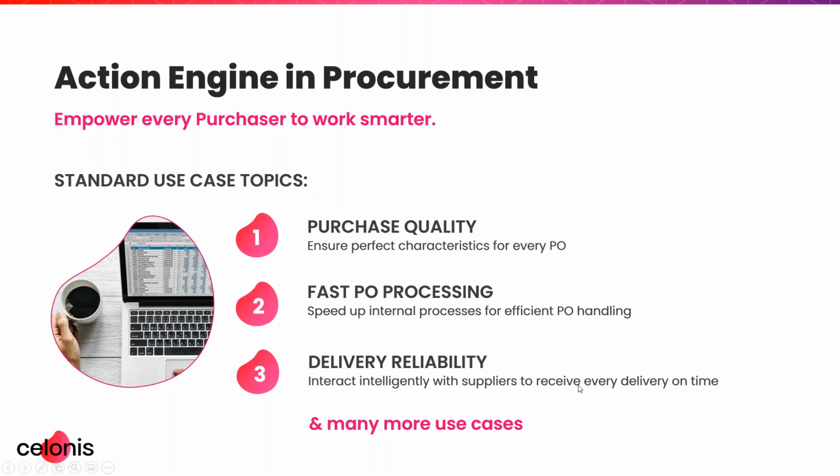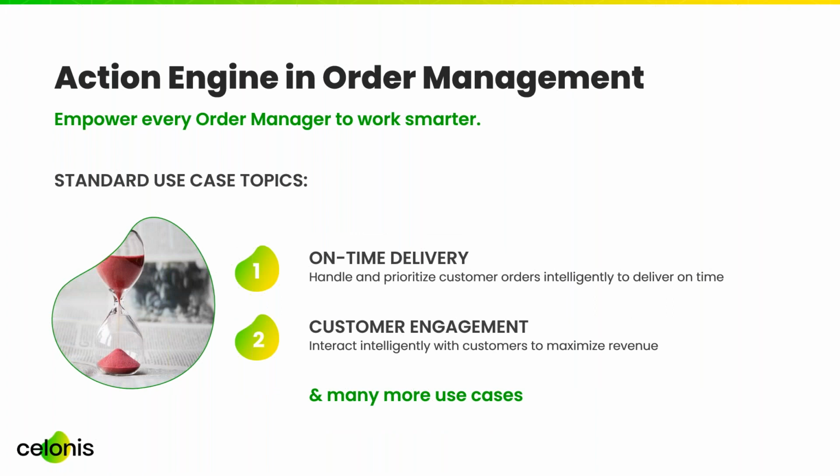Not going to jump into details, just such that you have heard it and contact me if you need to know more. And also we have the same thing around order management, where obviously the big task is how to use Action Engine for the order manager to proactively intervene in ongoing customer orders and deliver every customer order on time.